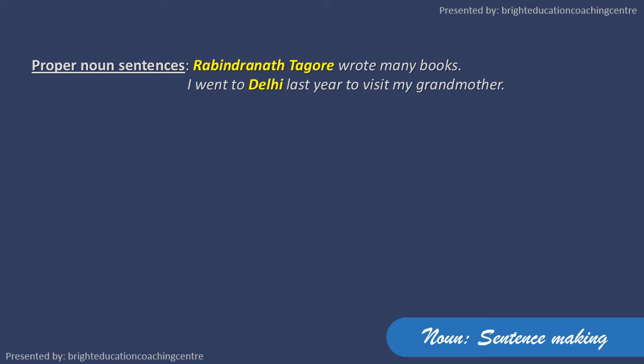In these two sentences, Rabindranath Tagore wrote many books and I went to Delhi last year to visit my grandmother, I have used Rabindranath Tagore as the name of a particular person and Delhi as the name of a particular place. So in both cases, I have used words from proper nouns.